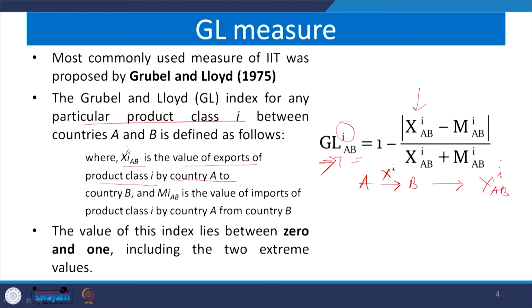Now, similarly imports, if it is A to B with product class i, M_i^AB. This is defined as imports of the ith particular product category from A to B, all right. Now, in the denominator they are the same number; we are just trying to find out when a complete export plus import is there, this is called the volume of trade.